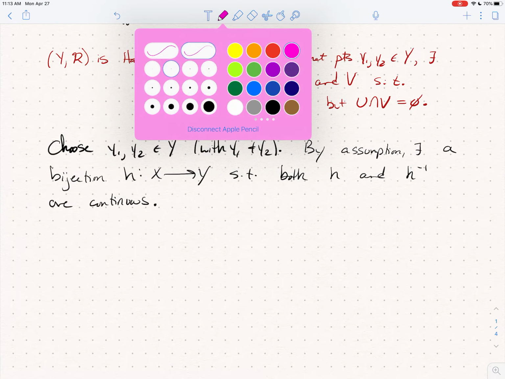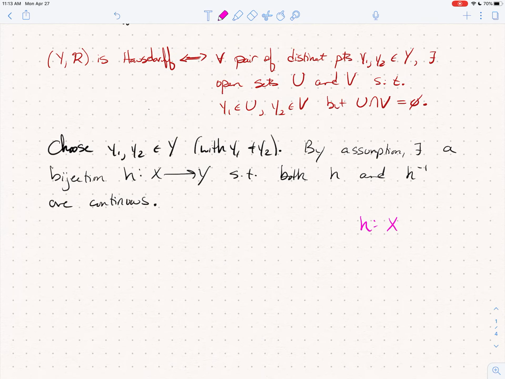So remember, let me switch to pink. We're thinking of h going from X to Y. I picked two points here in Y, and I want to look back now over here in X. There's a bijection between these sets, and so in particular, the fact that h is one-to-one tells me that h inverse of y1 can't equal h inverse of y2. So let's write that down.